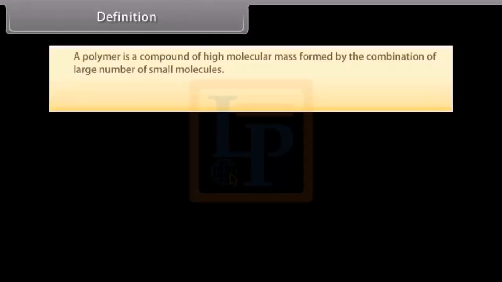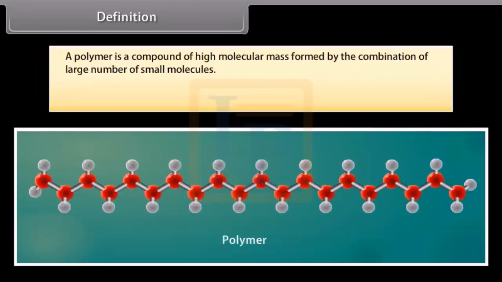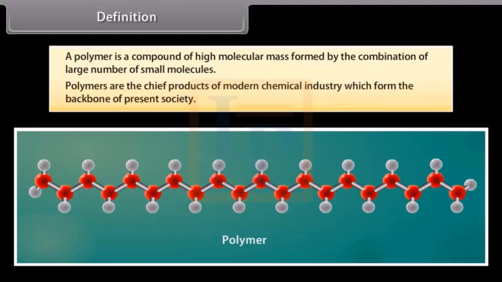Definition. A polymer is a compound of high molecular mass formed by the combination of a large number of small molecules. Polymers are the chief products of modern chemical industry, which form the backbone of present society.